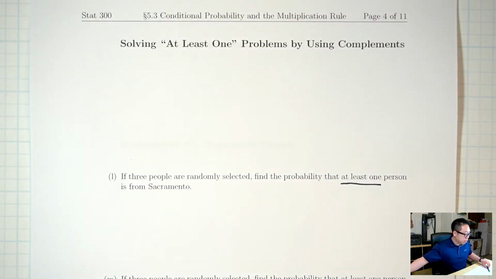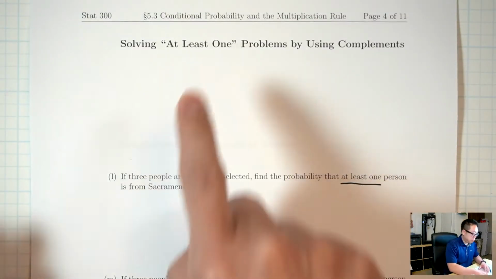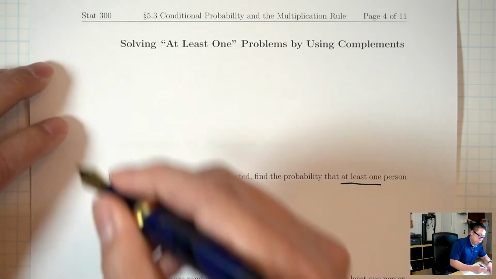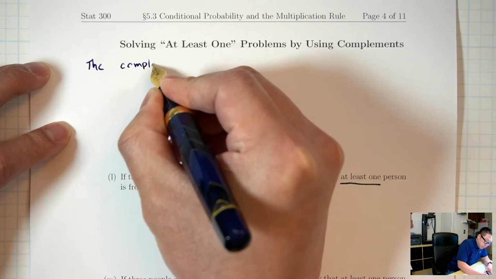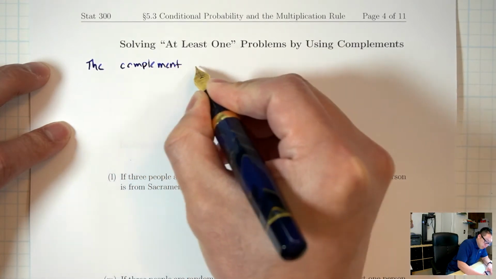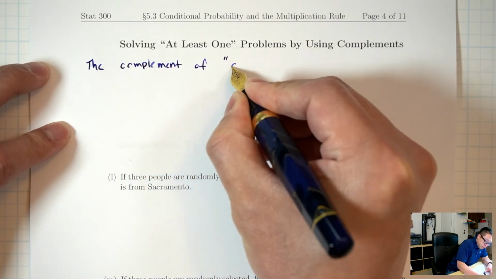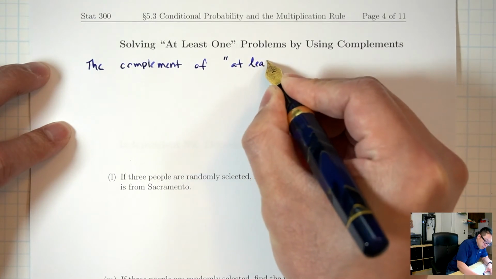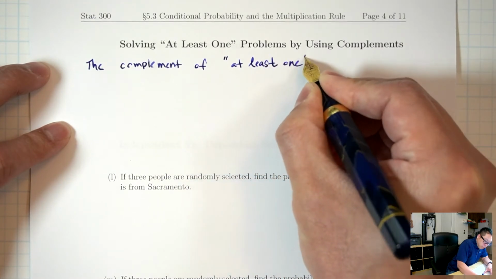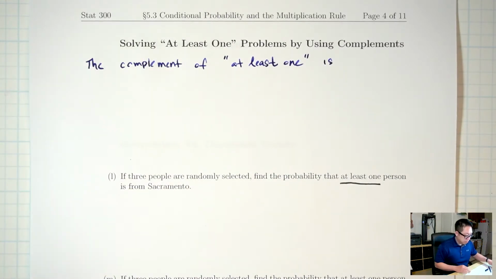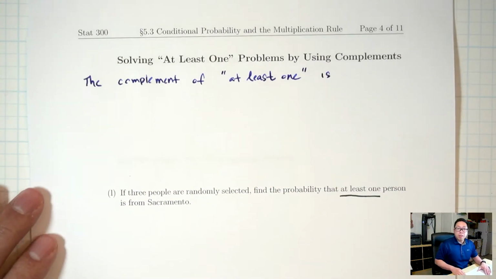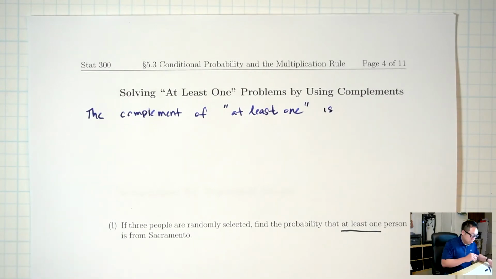So what is the complement of at least 1? So what is not at least 1? So let me write out some numbers here.